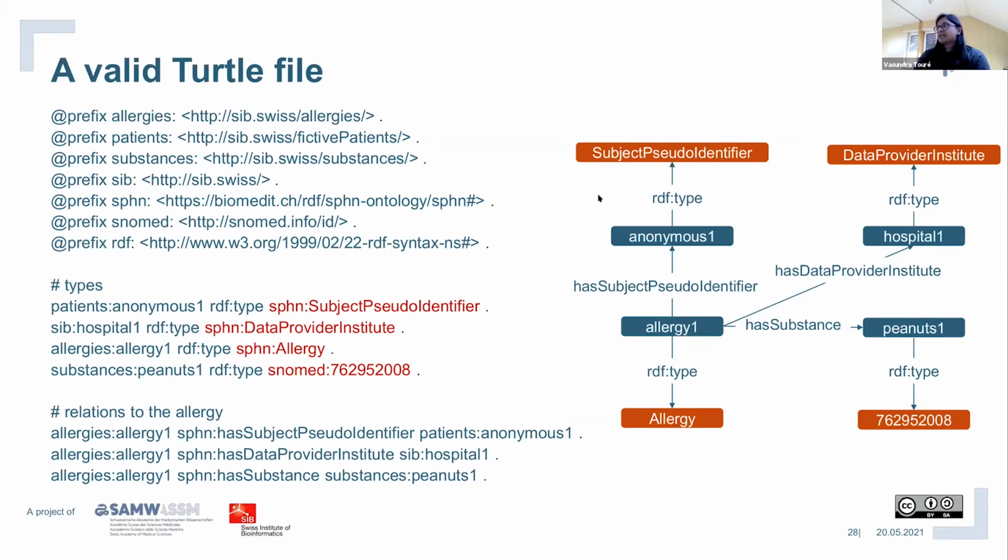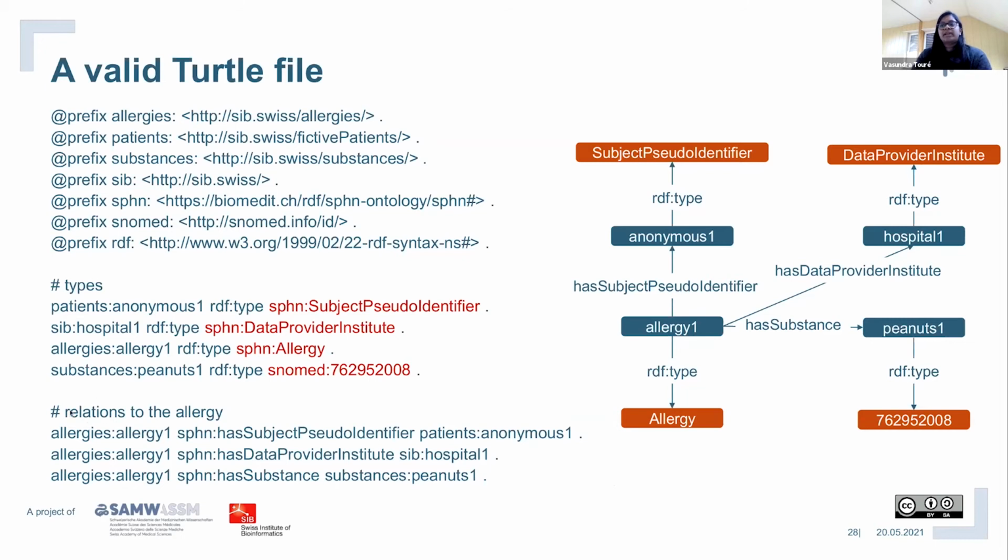And on the right side, you can see how that looks in a visual representation. Hospital one is of type data provider institute. Allergy one is of type allergy. And then the substance peanuts is of type SNOMED. So here we are connecting to an external ontology. This is not only from the SPHN. This is using the SNOMED content.